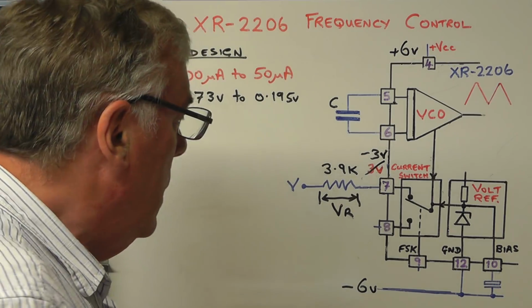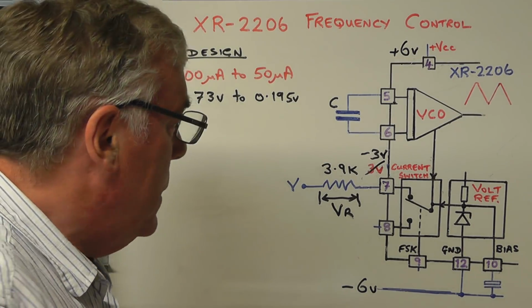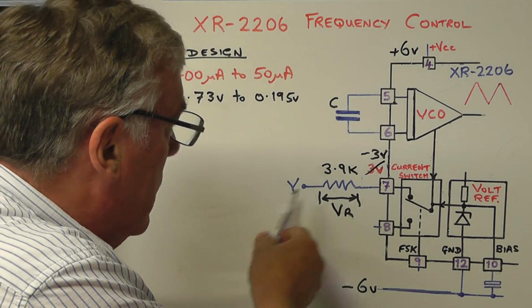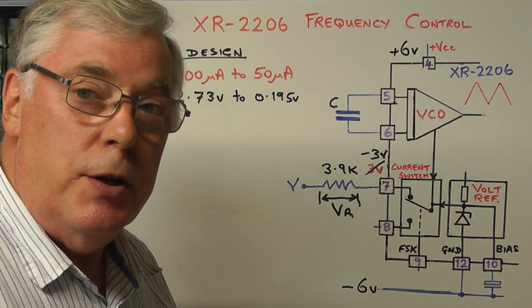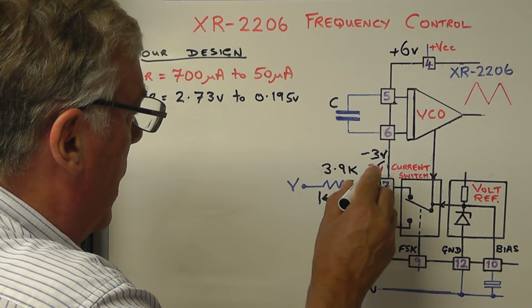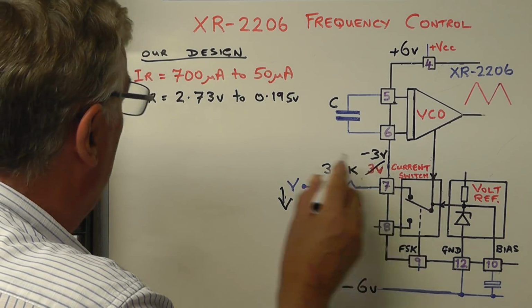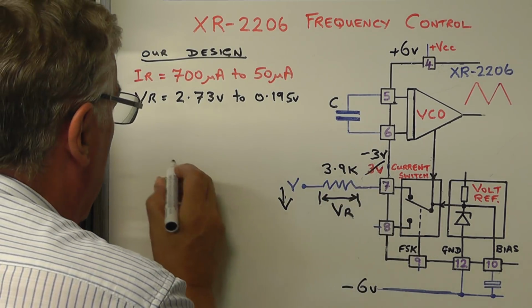had previously. Now we need to calculate the voltage swing at this side of the resistor to give us the current swing from 700 to 50 microamps, and we can do that quite easily by looking there and saying that the bottom end swing, we've got minus 3 volts.